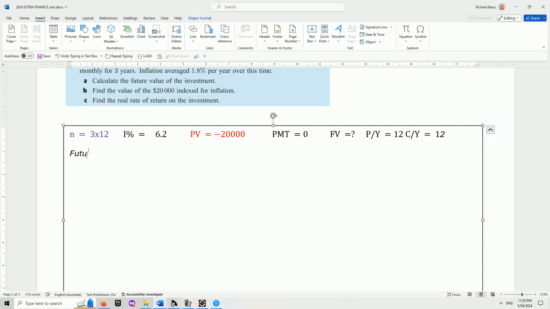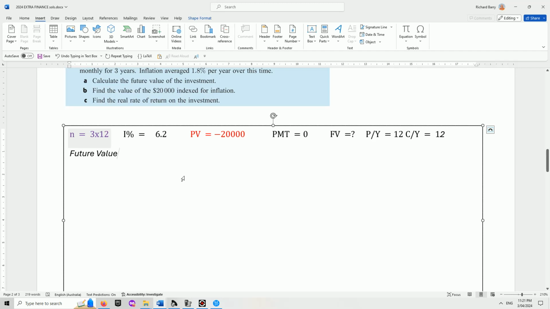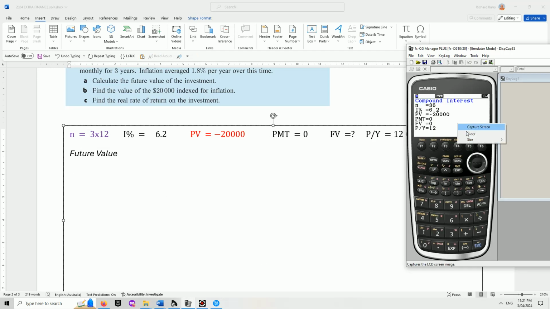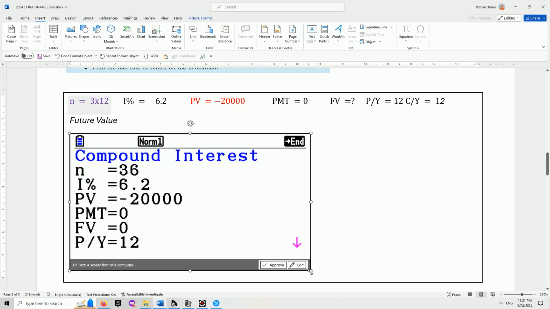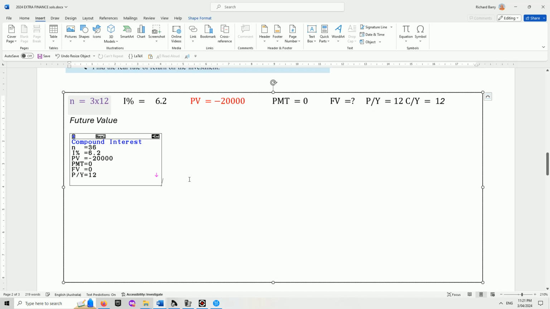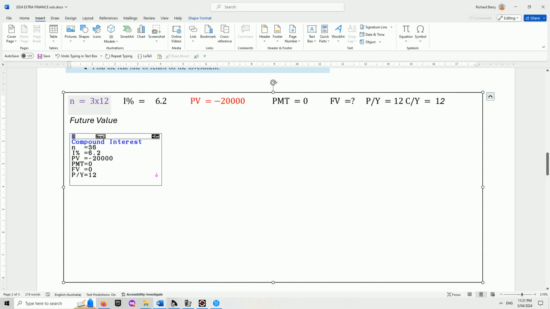So step 1 for these questions is to find the future value from the calculator screen. Copy. And what is the future value? It is GSolve, $24,000.